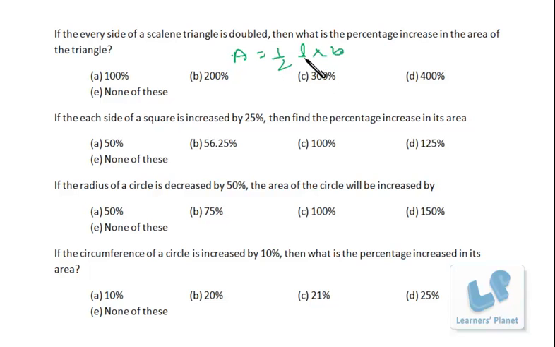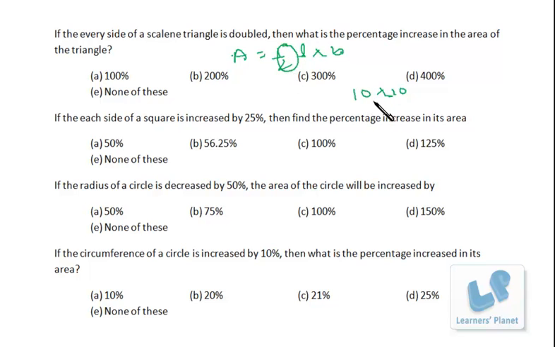Okay, suppose I assume the length and breadth both as 10. So 10 into 10, this half is constant, so whatever is the percentage increase in length and breadth, this half will remain constant. So we don't have to take this particular number into consideration.